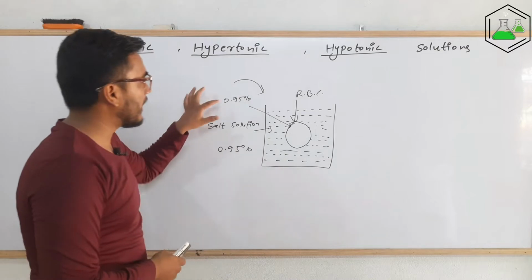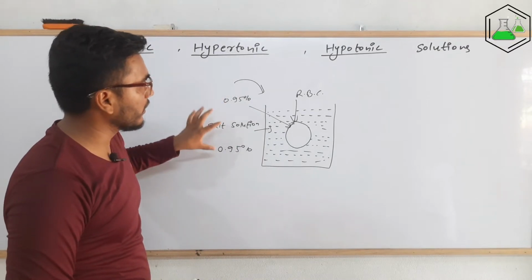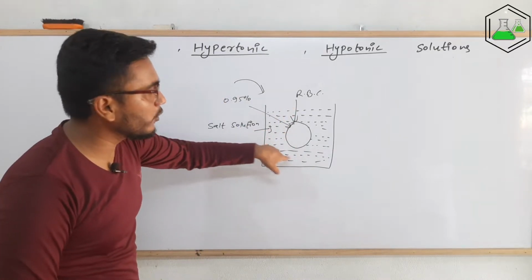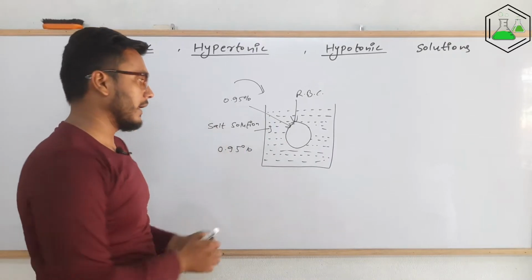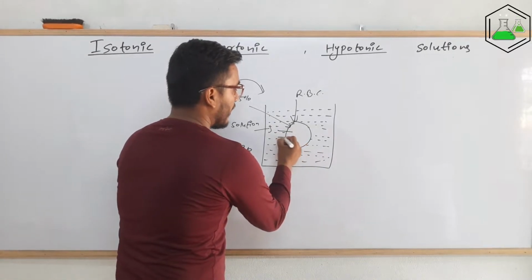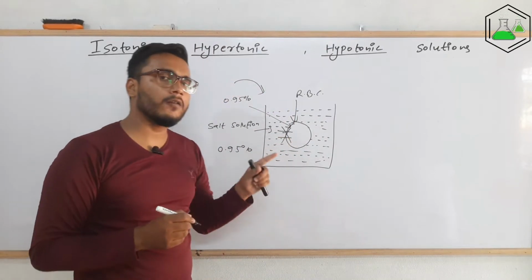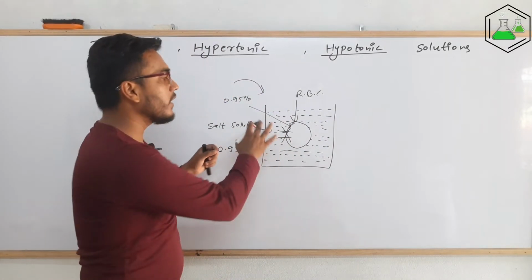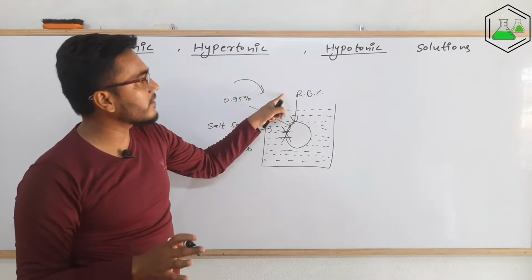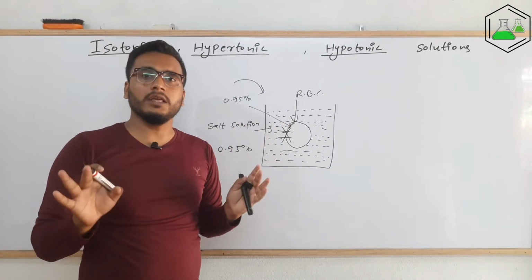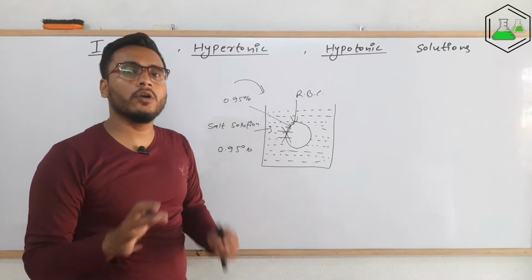Now you can see that the concentration of both the RBC and this liquid is equal, so there won't be any flow of solvent molecules from outside or inside, and the size of this RBC will not change.